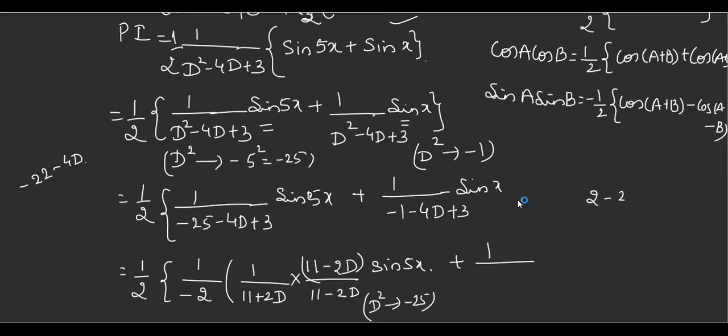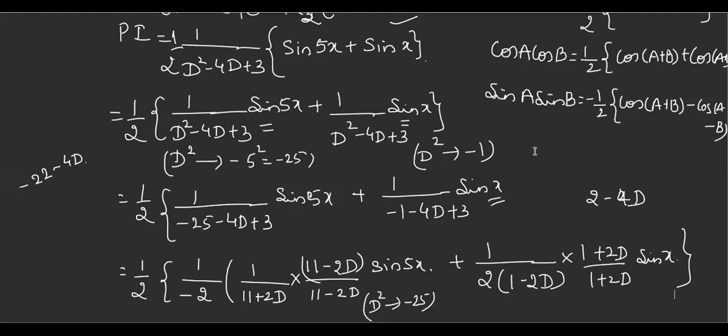So it is like 2 minus 4D. What is common in these terms? You can keep it as 2 minus 4D, but better take common, so you'll get 1 minus 2D. And here we have to apply it on sin x, so multiply and divide by 1 plus 2D.